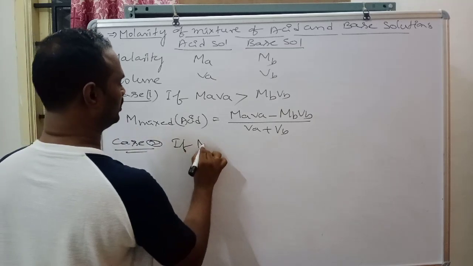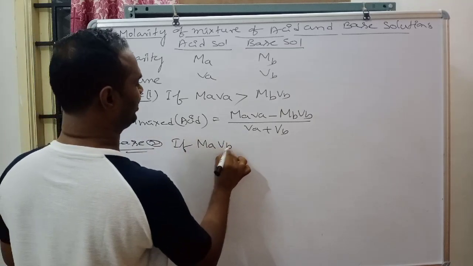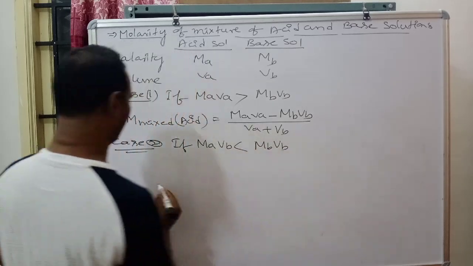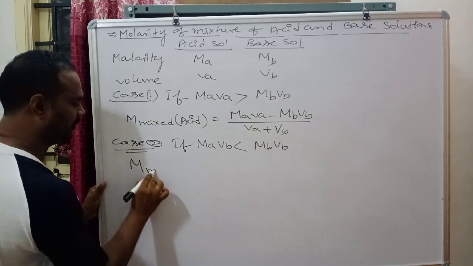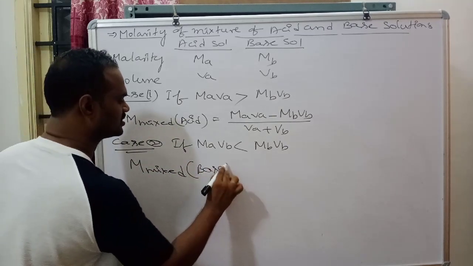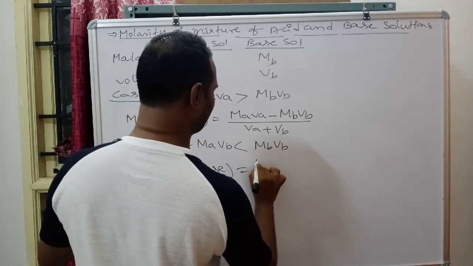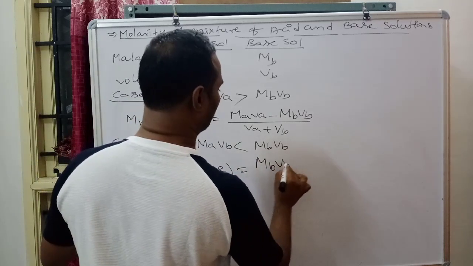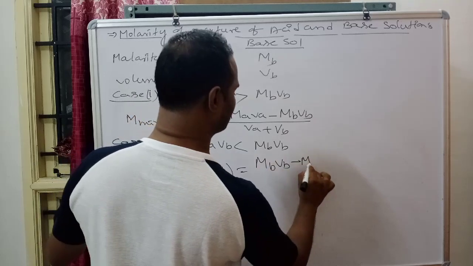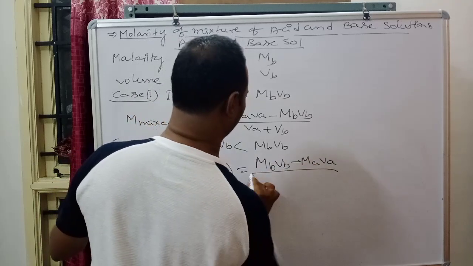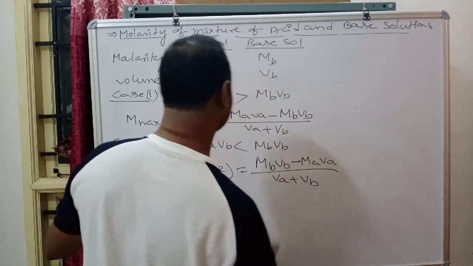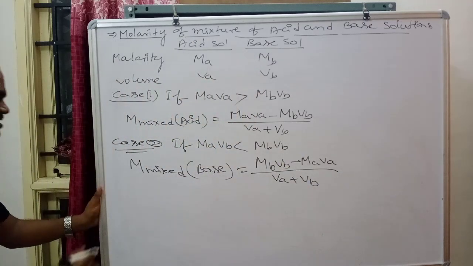Suppose case 2. If MaVa less than MbVb, therefore the mixed solution is base. Its molarity is MbVb minus MaVa all by Va plus Vb. This is case 2.